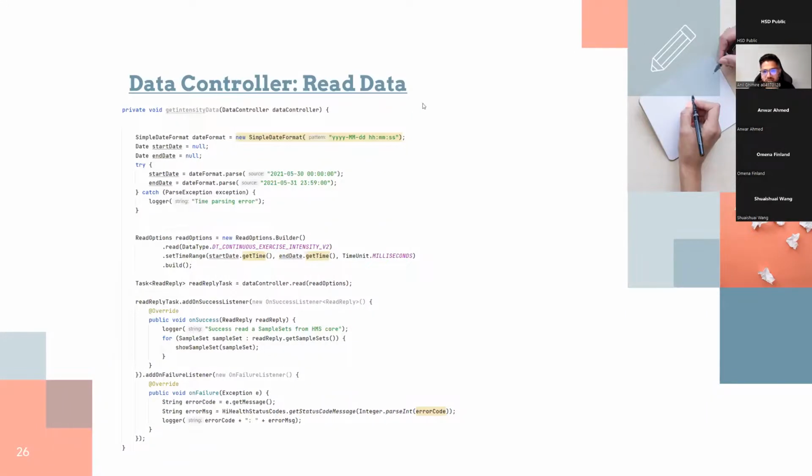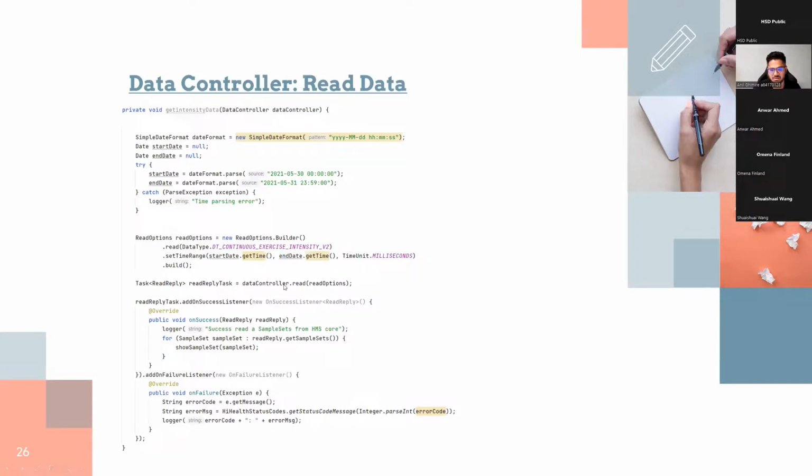In the same way, we can read using the data controller. So for reading any data from HUAWEI Health Kit, you can perform the read from the data controller. Here, you first specify a time period for which you need the data, and then you create a reading option, what kind of data type you would like to read in the time range.